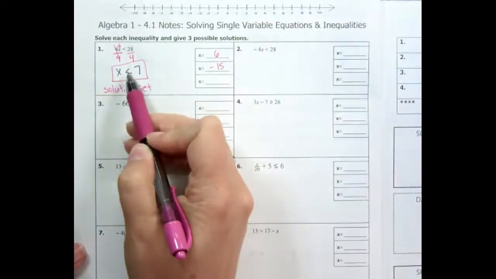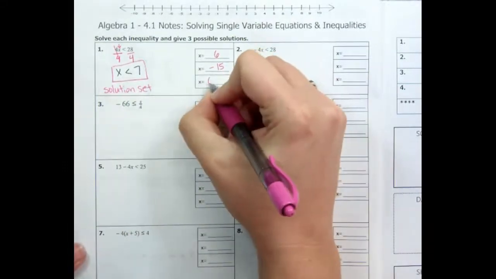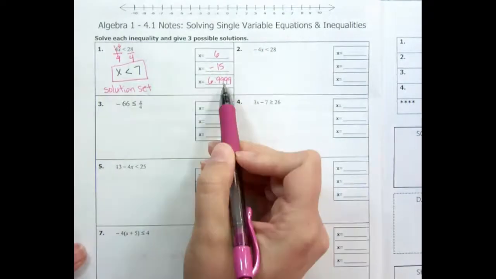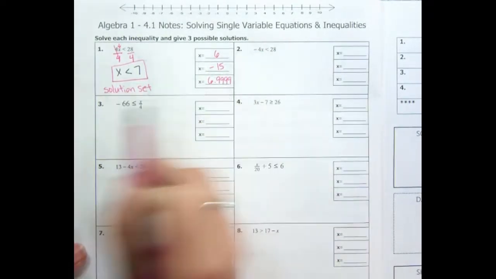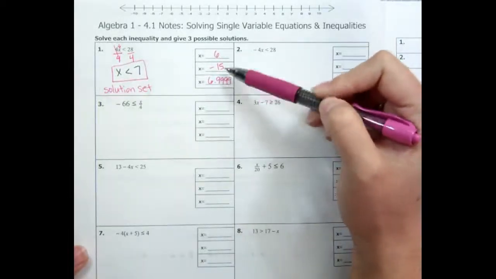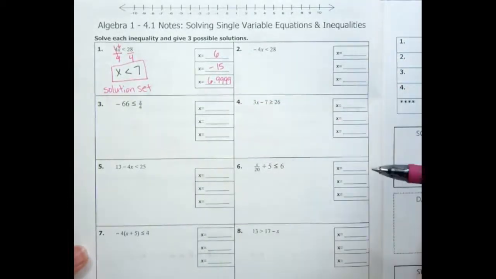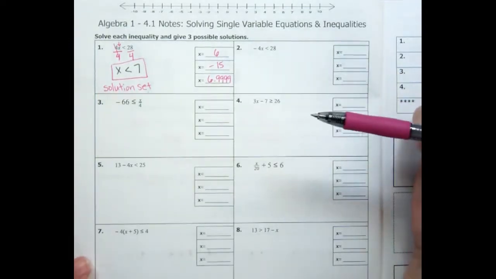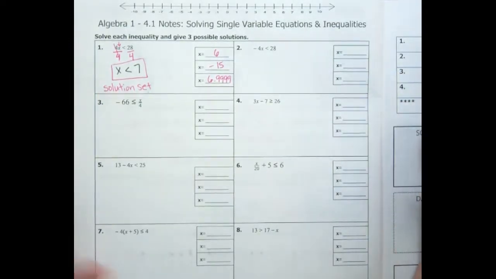And actually, because it's less than 7, the number 6.9999 works. Because it's not quite 7, it's almost 7, but it's not quite. So you can pick, for over here, any 3 things that are less than 7. You can pick 0. Any negative number will work. Any fraction or decimal that's less than 7 will work.